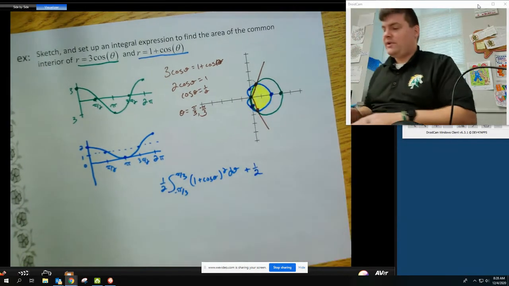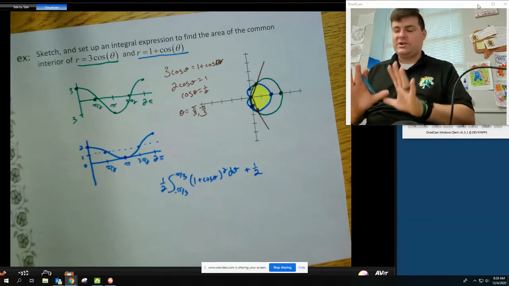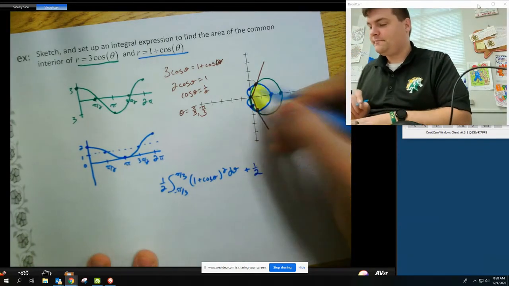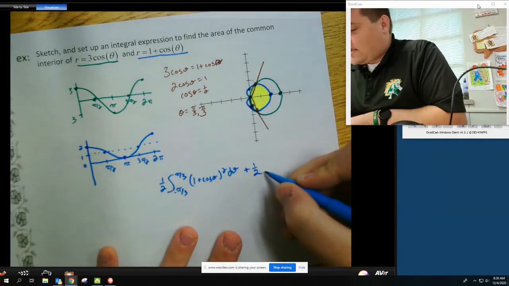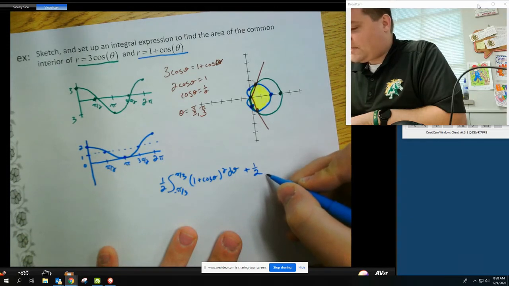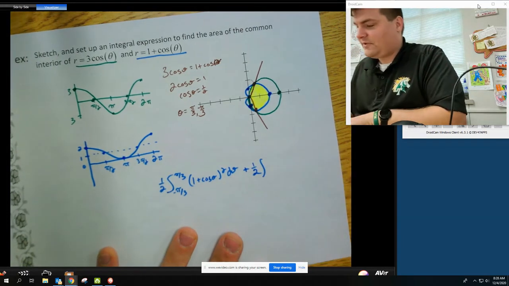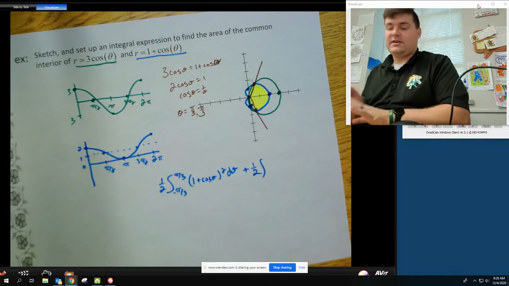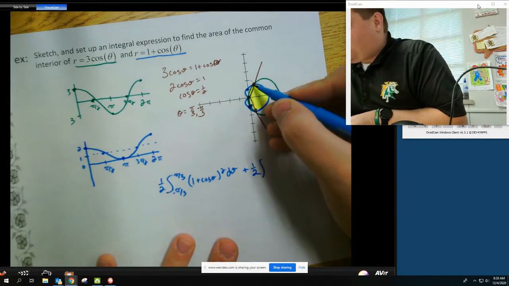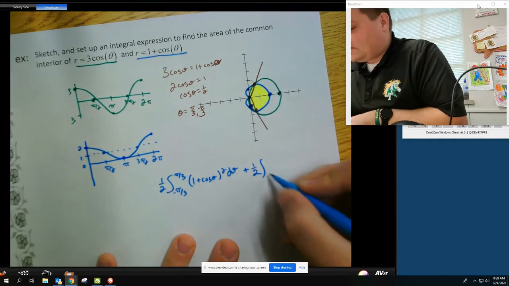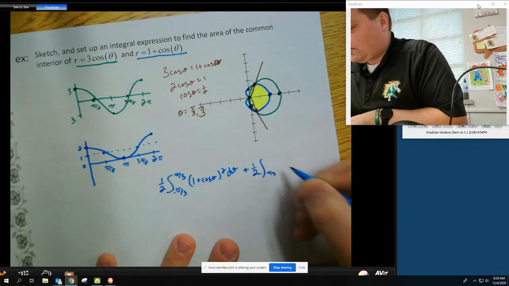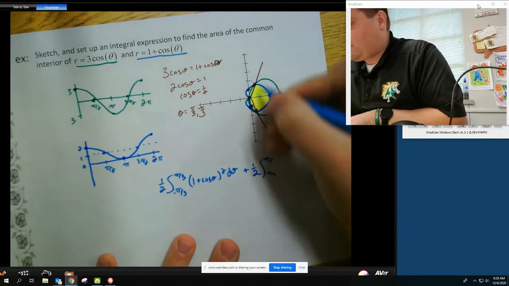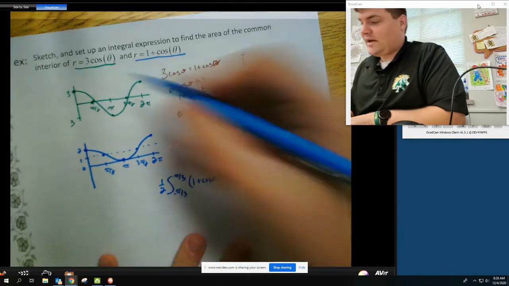So I'm going to have 1/2. Now I'm going to watch out here. I'm just doing this one sliver. 1/2 of the integral. The bounds are what's going to be tricky here. I'm starting from this brown going to this axis, so it's going to be from pi over 3 all the way to pi over 2. That's from here to the axis of my green.